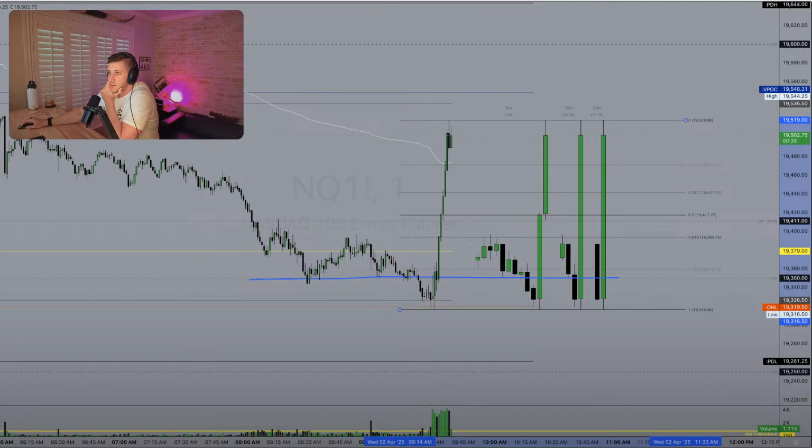There's your first actual red 1-minute bar on this push. So if you're still trailing, you can lift your trail right beneath that area.